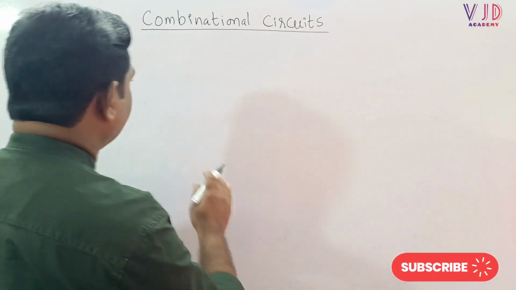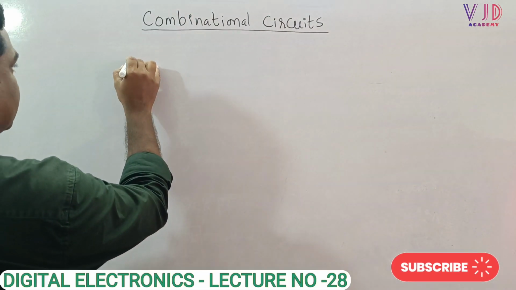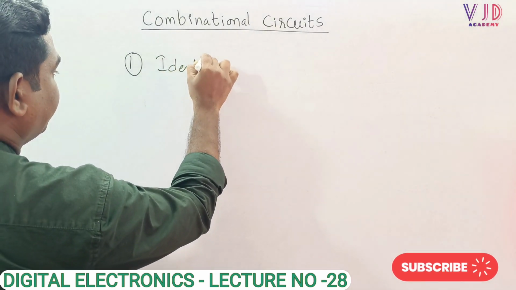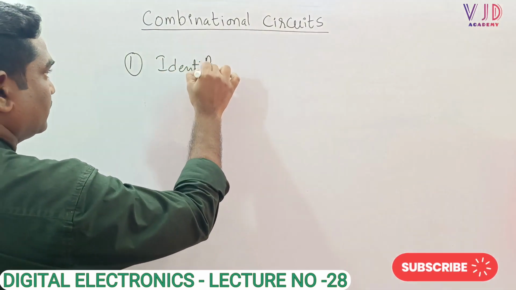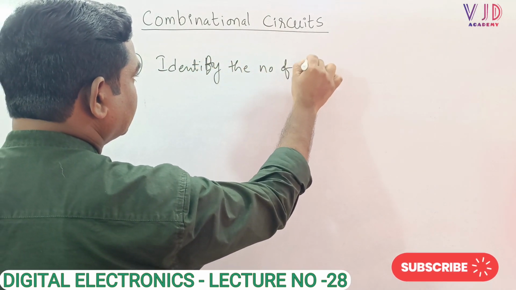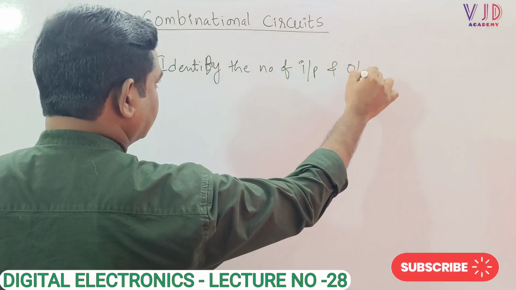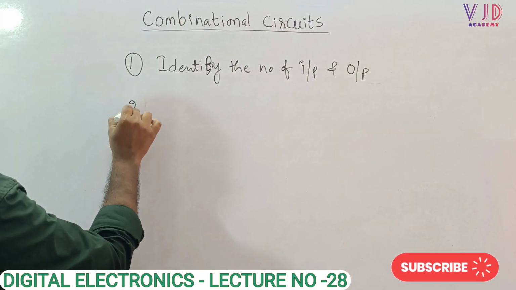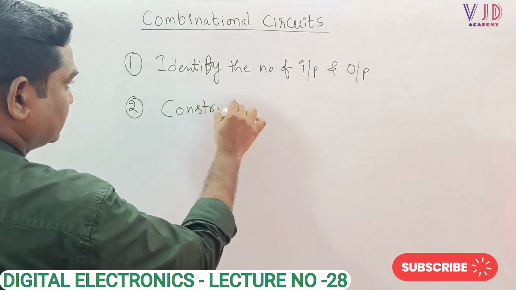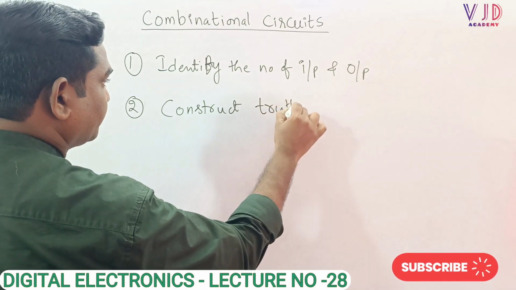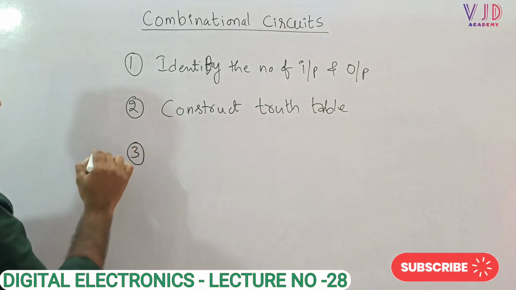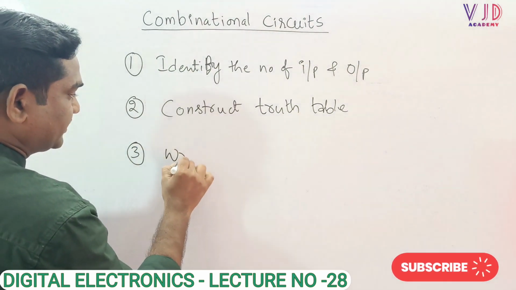The 5 steps of combinational circuits are: the first one is identify the number of inputs and outputs. The second step is construct the truth table. The third one is write the logical expression.